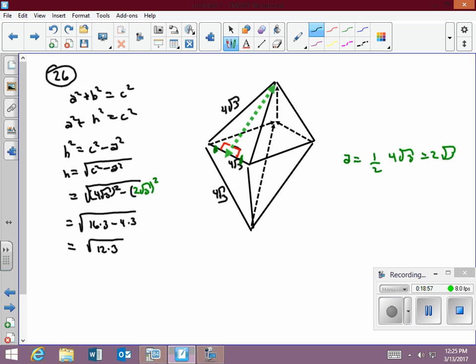And this factors into 4 times 3 squared. So the 2 comes out, the 3 comes out, so that's 6. That green thing is 6. This is 6.